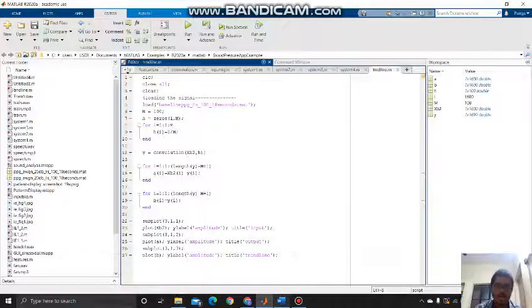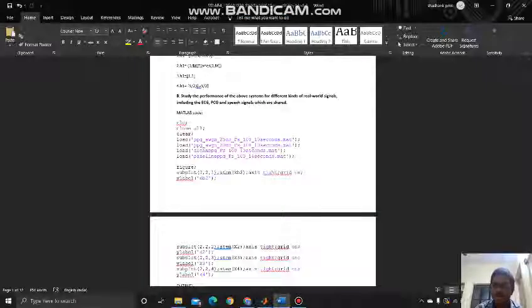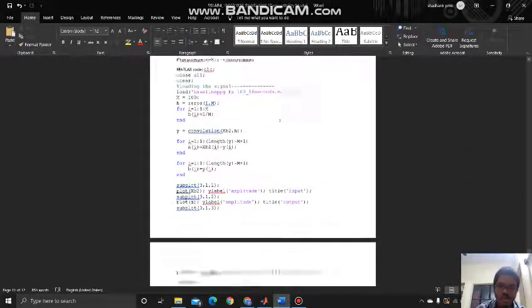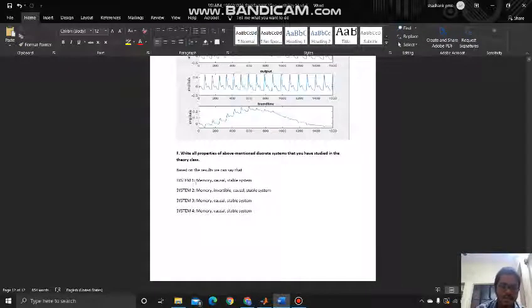And the last part is properties of the systems. System 1 is a memory, causal, and stable system. A memory system is one in which the output depends on past and present input.